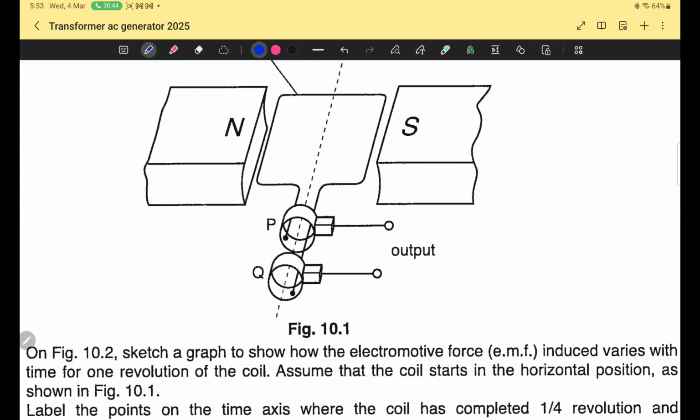Oh my God. Split ring commutator was in the motor. Okay, DC motor, split ring commutator. This is not a motor. Pavitra, it is not a commutator. Can you tell me what P and Q are?